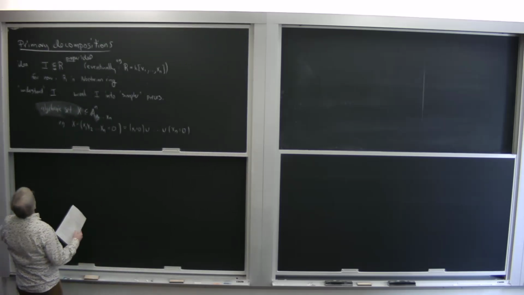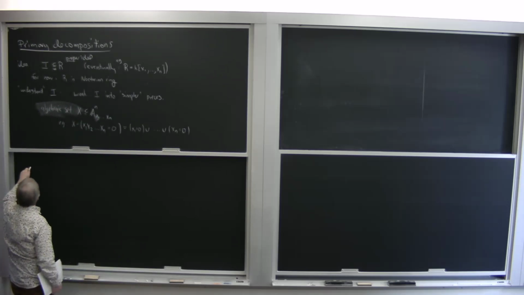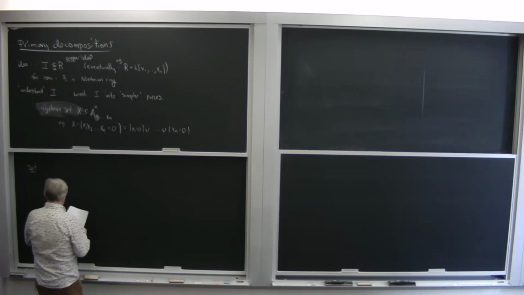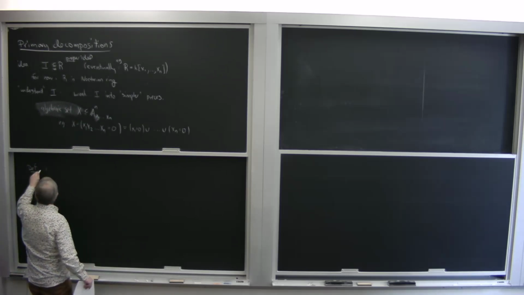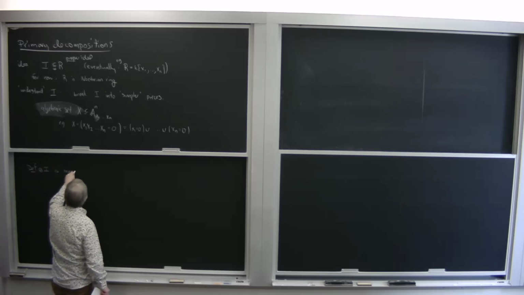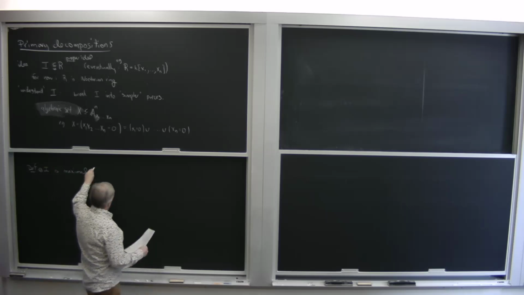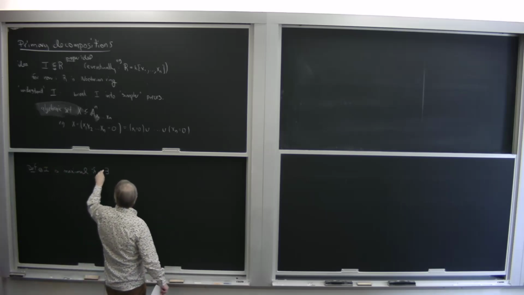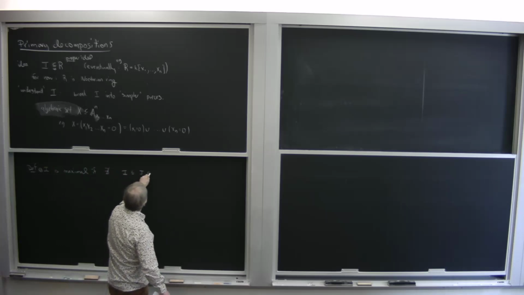Okay, so there are a few different notions for definition that are all at this level of generality. So definition: let's do these in several groups. (A) I is maximal if there does not exist J with I contained in J contained in R, where neither inclusion is an equality.